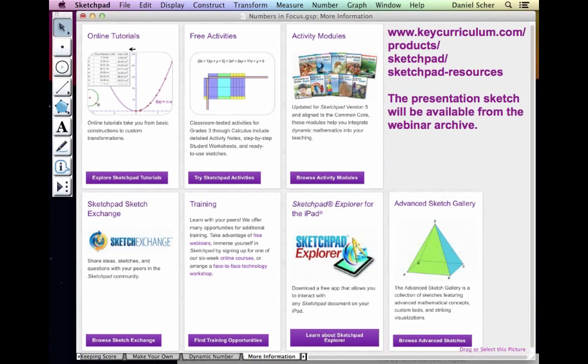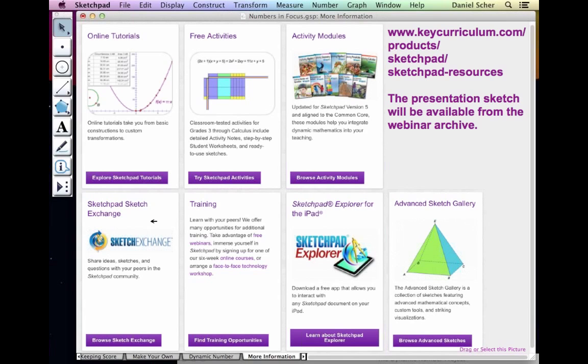We have 2 elementary Sketchpad books, which contain lots more activities relating to number and geometry. The Sketch Exchange, where you'll find the dynamic number activities and other sketches contributed by our worldwide Sketchpad user base.